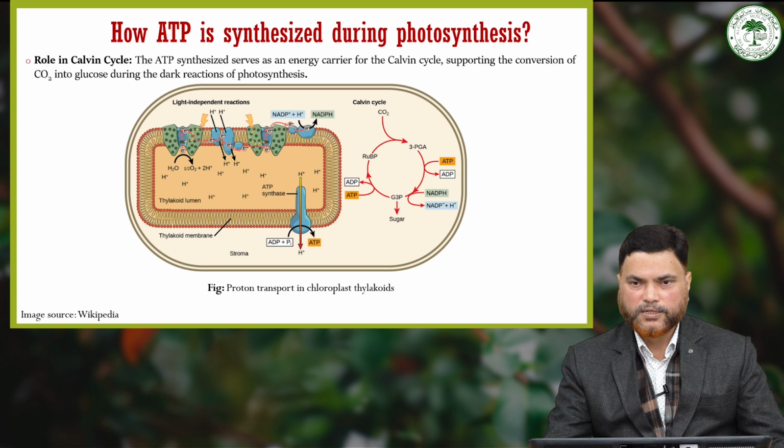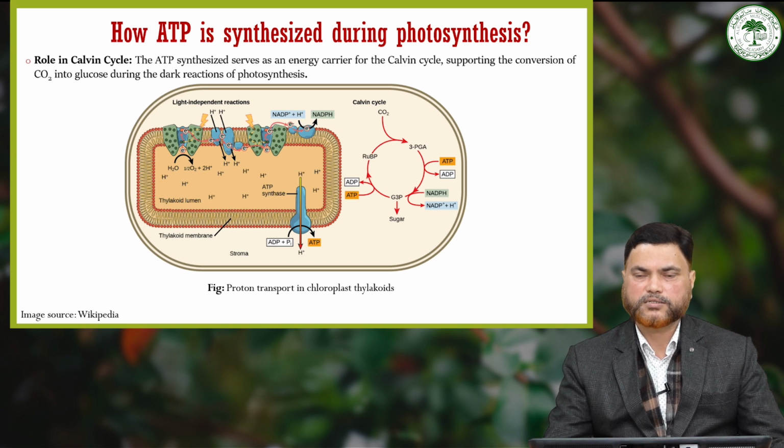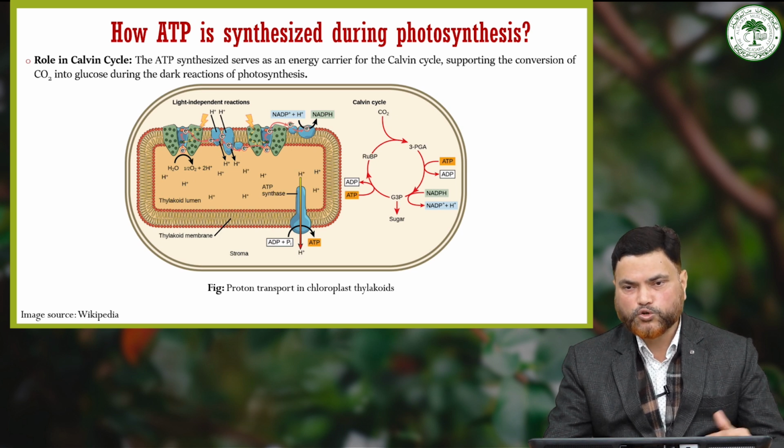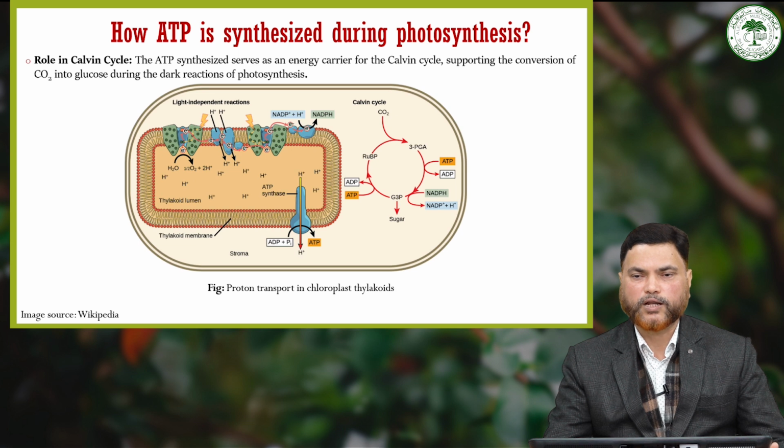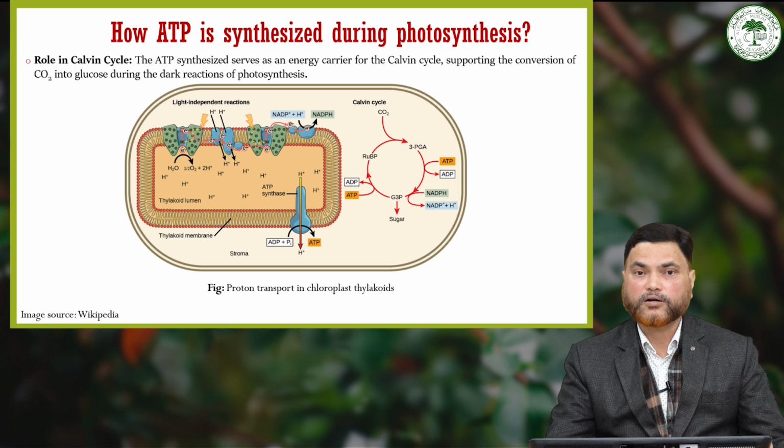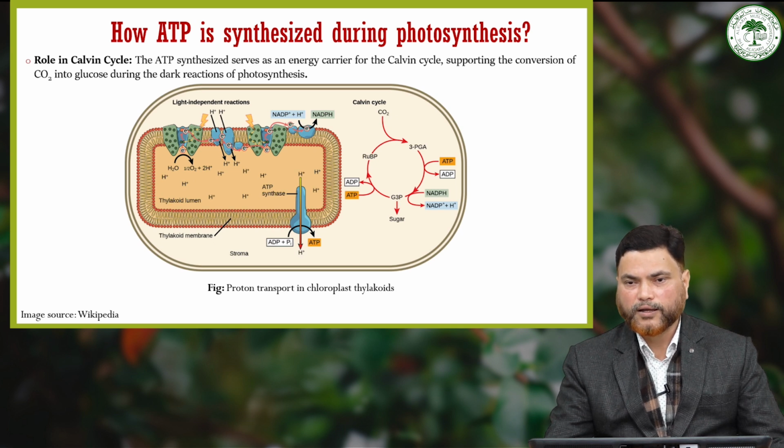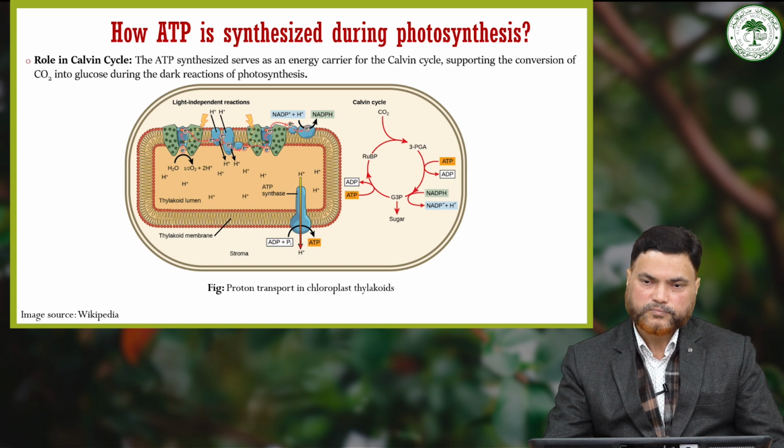As we have discussed, these electrons are transported down the electron transport chain, and some of the energy released is used to pump protons across the thylakoid membrane from the stroma of the chloroplast to the thylakoid lumen, and this generates what? An electrochemical proton gradient. Now this electrochemical proton gradient generates a proton motive force.